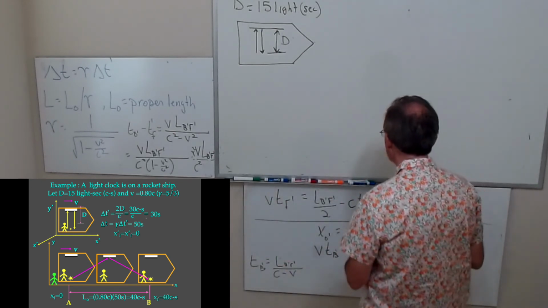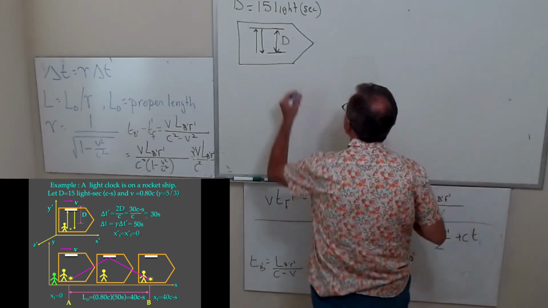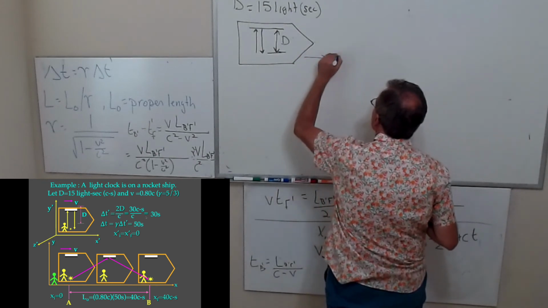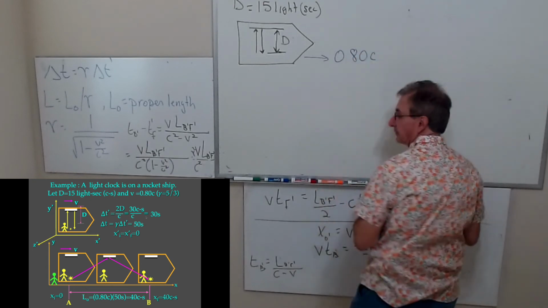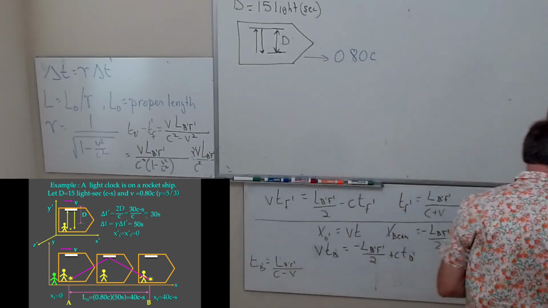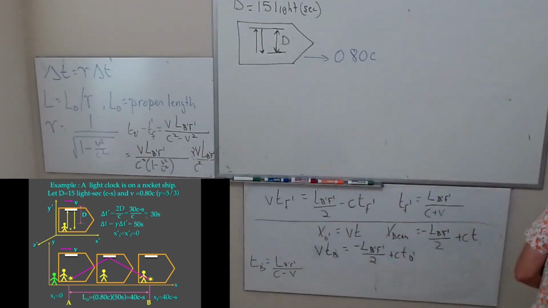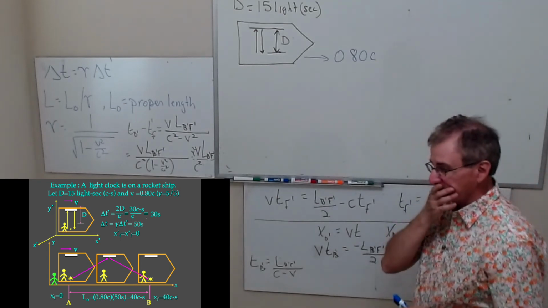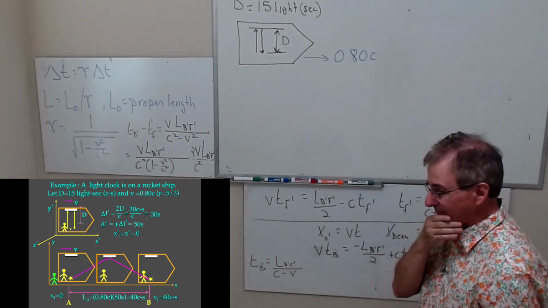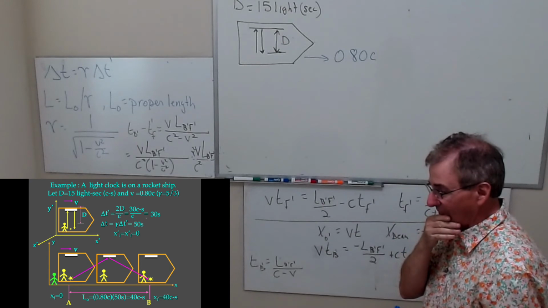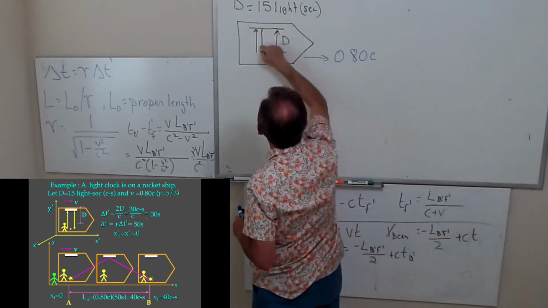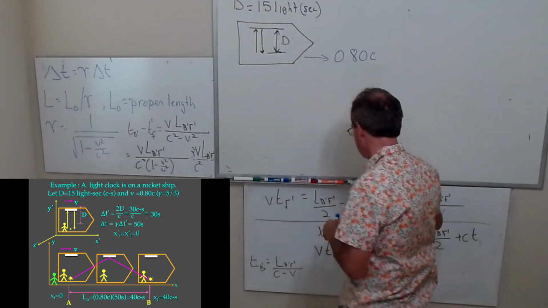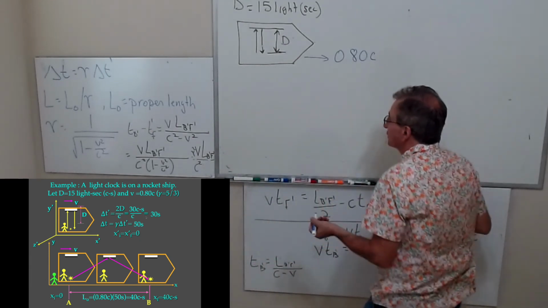Let's assume that the speed of the craft is 80% of the speed of light. Okay? So the light beam goes from here to here and back. What's the time interval?